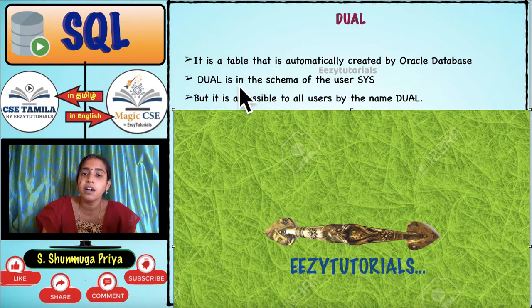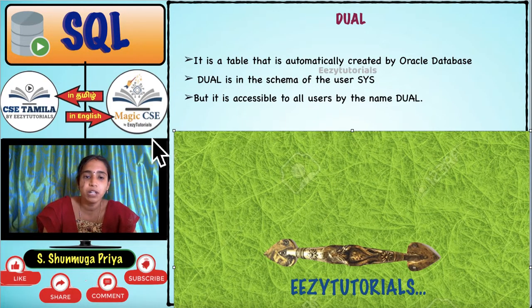Though the ownership is with the user sys, it is accessible to all users. The name dual is accessible. Actually it has a single row and single column. This is a special table created by Oracle for handling internal things.